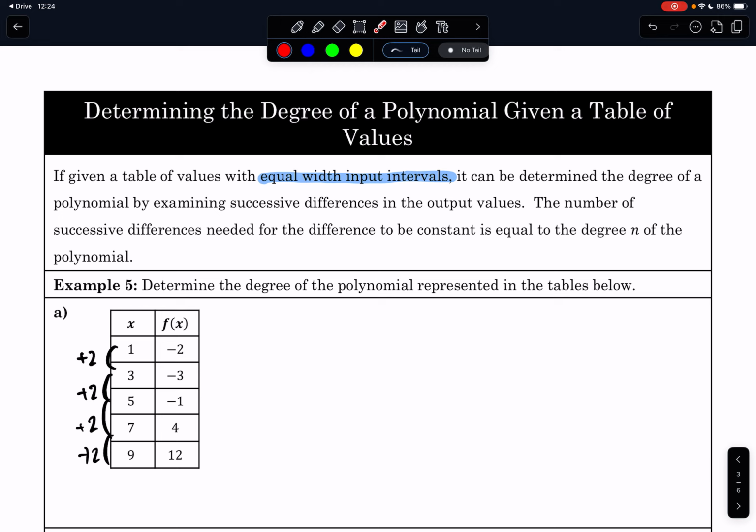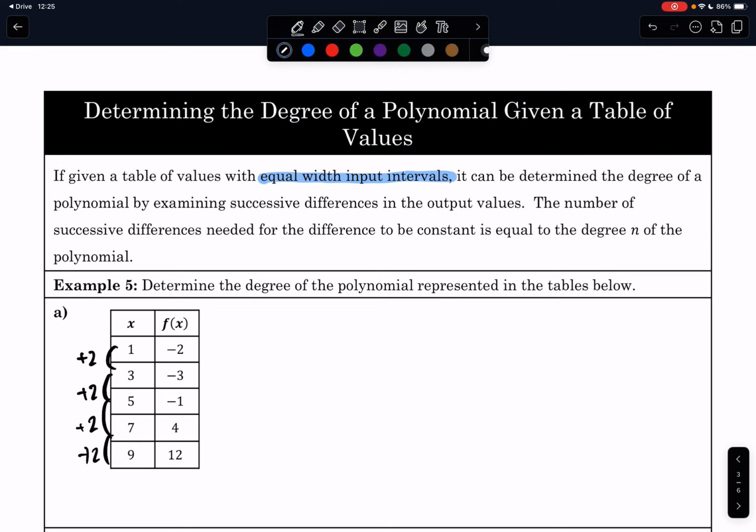So for example, if all of these numbers, if the difference from here to here are all the same, then that means that this would be a polynomial of degree 1, because it only took one successive difference for it to be constant. If it doesn't, then it would be a degree 2 if it takes 2 times, degree 3 if it takes 3 times, and so on.